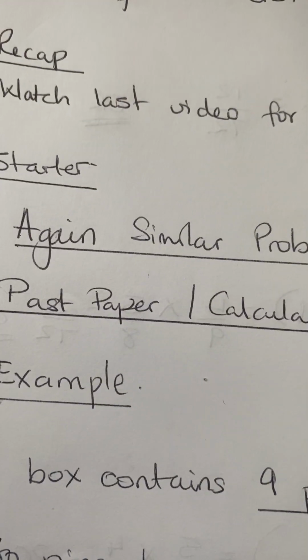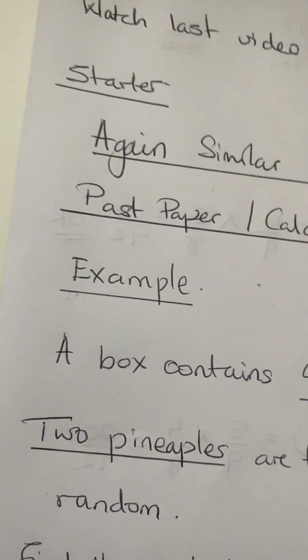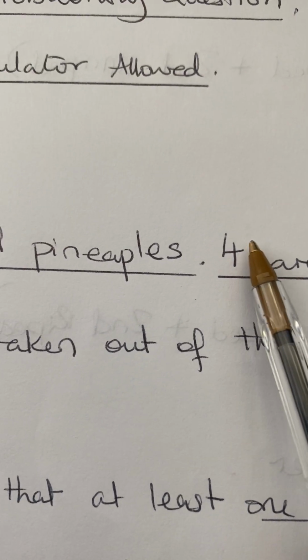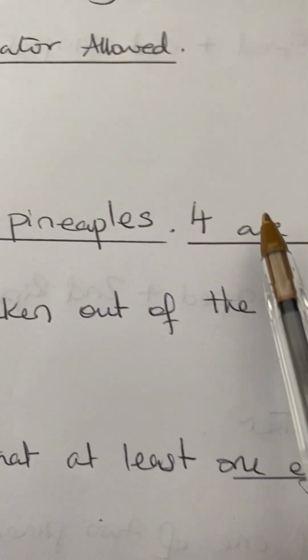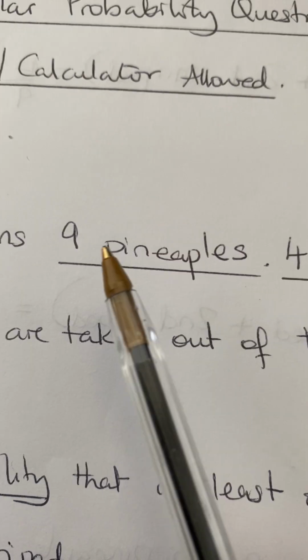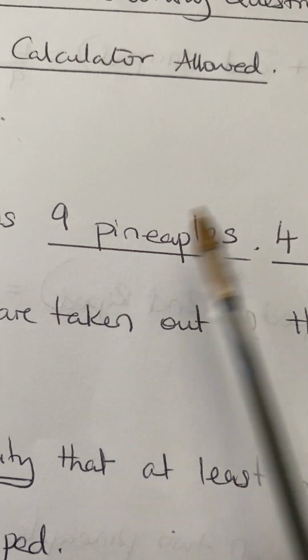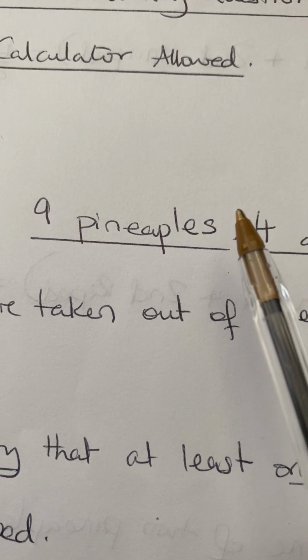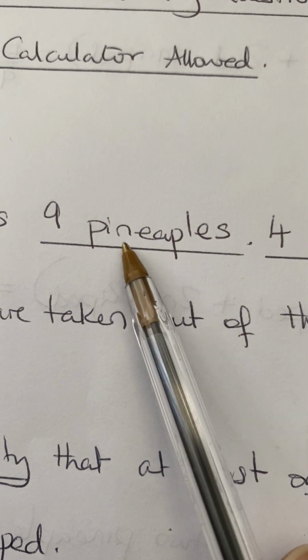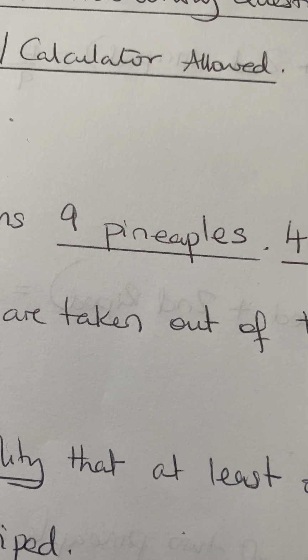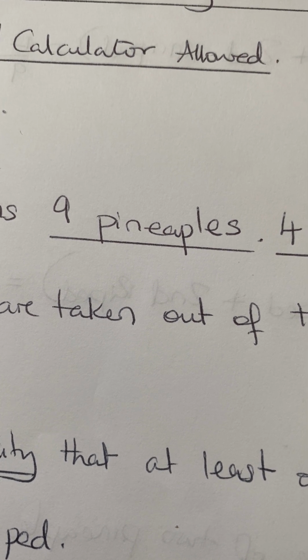For instance, if I say this is 9, this is 4, sorry, and that is 9, and you hear it interchangeably, go by the notes. The notes are very, very accurate, 100% accurate.